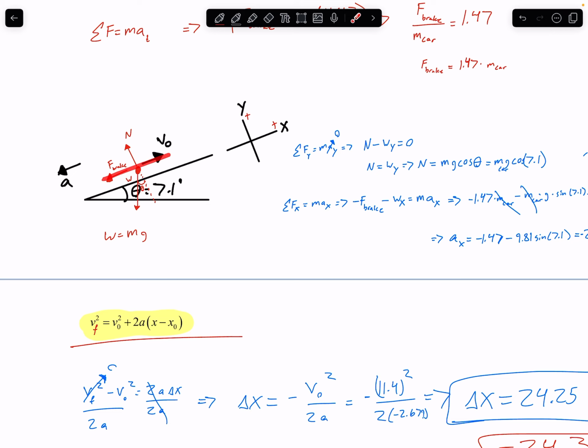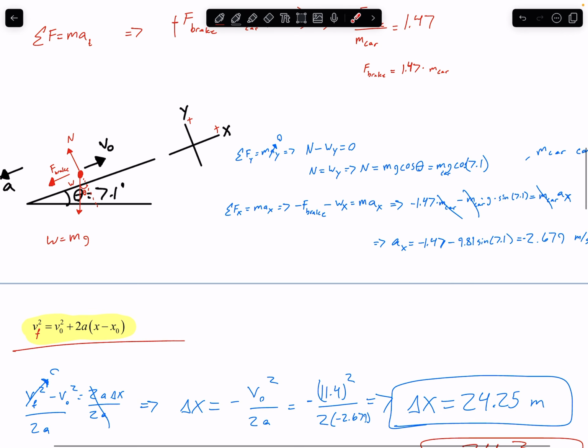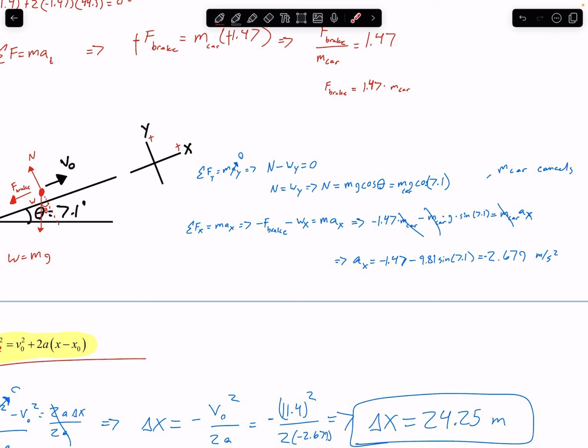We are accelerating that way, but moving up the slope. So for the sum of forces in y, the acceleration is equal to 0, as I have there. That means the normal force is equal to the weight in the y direction. Again, this doesn't really matter because we don't have any friction, but the normal force is equal to the mass of the car times gravity times cosine of 7.1 degrees.